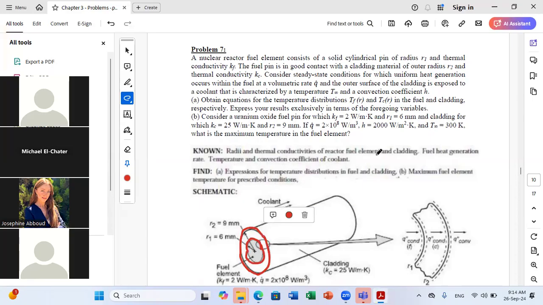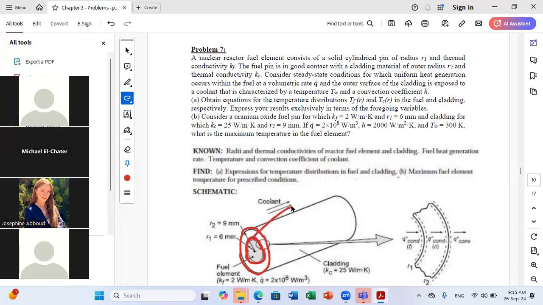And you want to write the equations and put how to solve for your unknowns. What is very important here is to know that always in steady state condition, at the interface, we have the same temperature and we have the same heat flux.